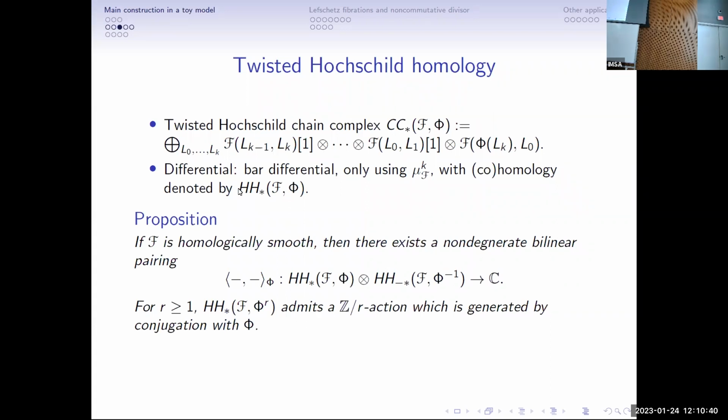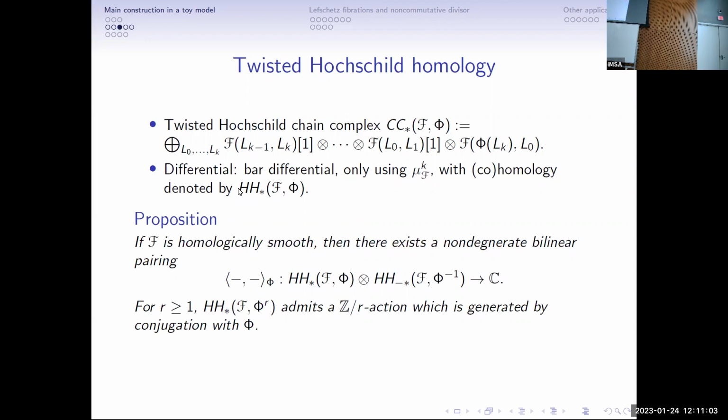Okay, so here's the statement, let me say it first. Let's assume that the category F is homologically smooth. In other words, the diagonal bimodule is a perfect bimodule, or in other words, the diagonal is simply generated by tensor products between right and left modules.